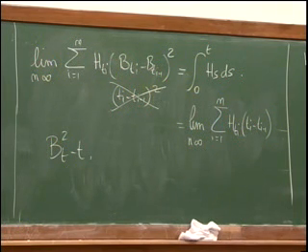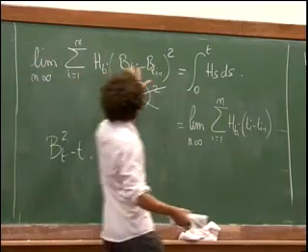Because there is an averaging happening naturally by the fact of your Brownian motion. This definition is non-trivial somehow. But what I want you to keep in mind is really that this term is not going to 0.